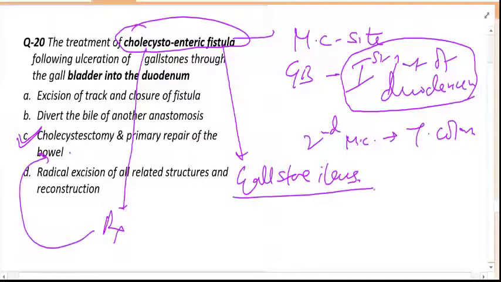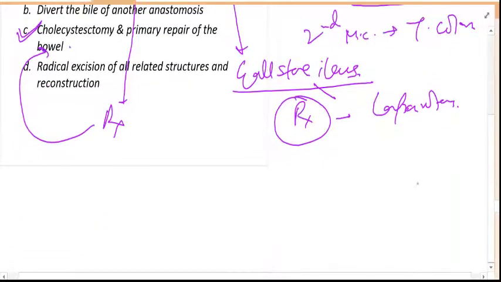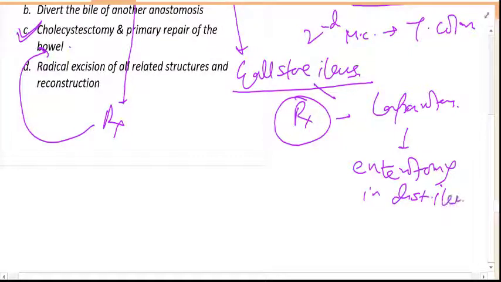If there is gallstone ileus, then treatment is you will do laparotomy, because in this case patient will present with intestinal obstruction. During laparotomy you will do an enterotomy in the distal ileum. The site of obstruction is the distal ileum. You will do enterotomy just proximal to the obstruction, not at the site of obstruction.